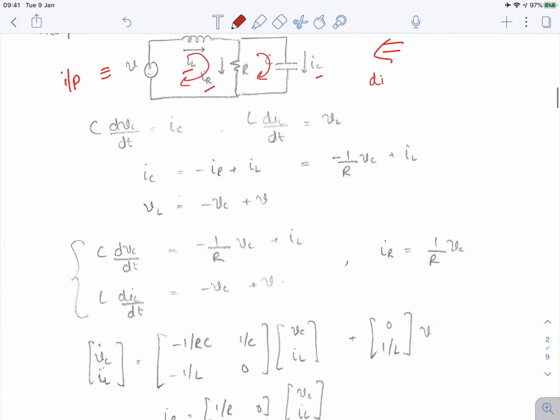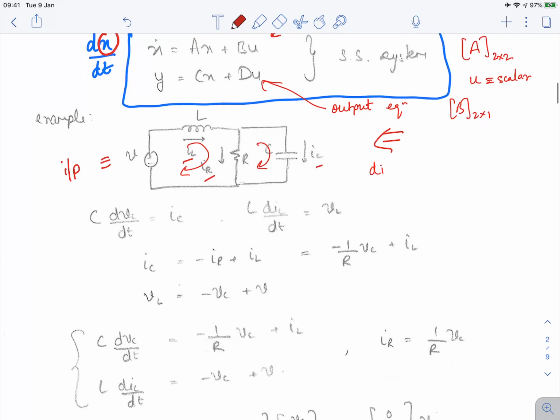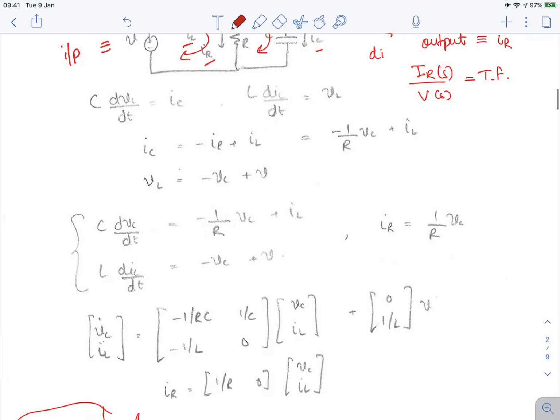You can take, let's say, the output variable as IR, the current flowing in the resistor. So you can write the transfer function of IR over Vs, and similarly the differential equation, and then see these equations that I have written here.